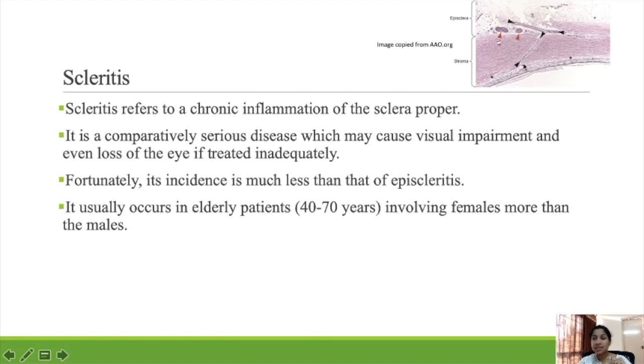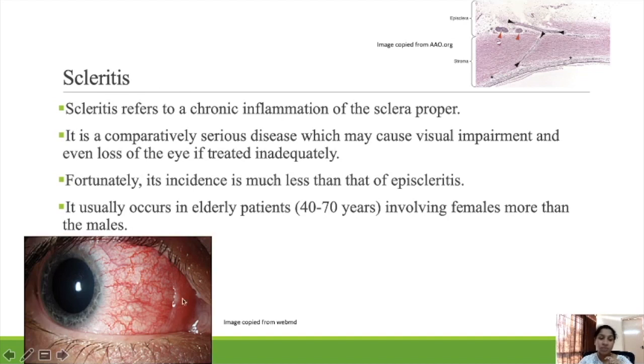Scleritis is happening in the sclera proper. In this picture you can see how the eye looks if a patient comes with scleritis.